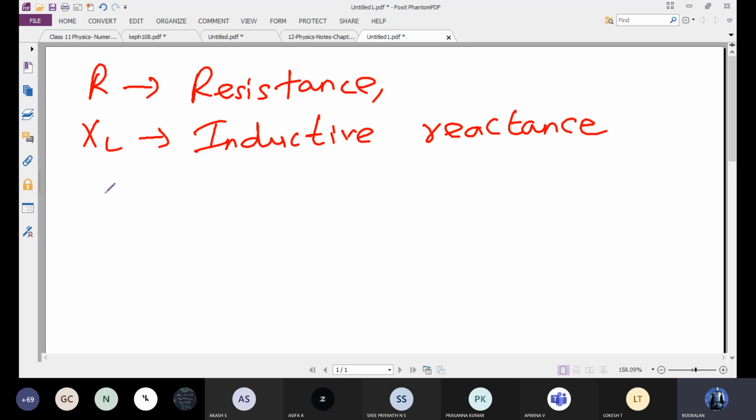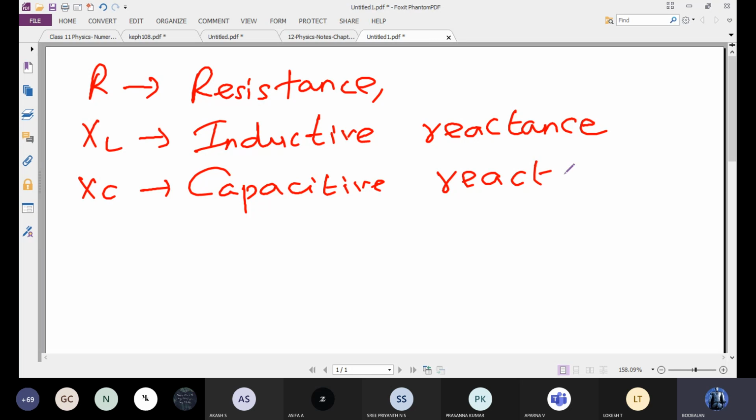Next, XC, capacitive reactance. Z, impedance.